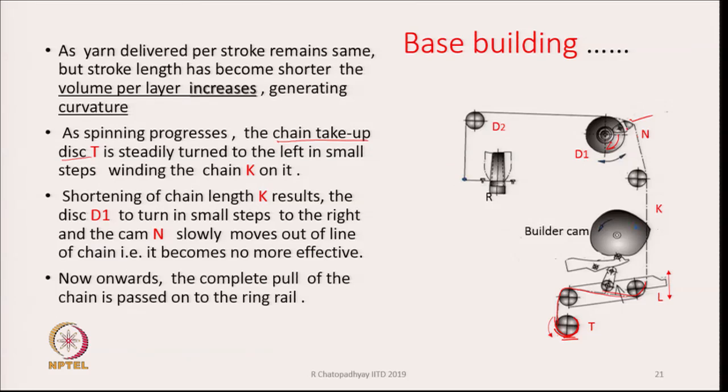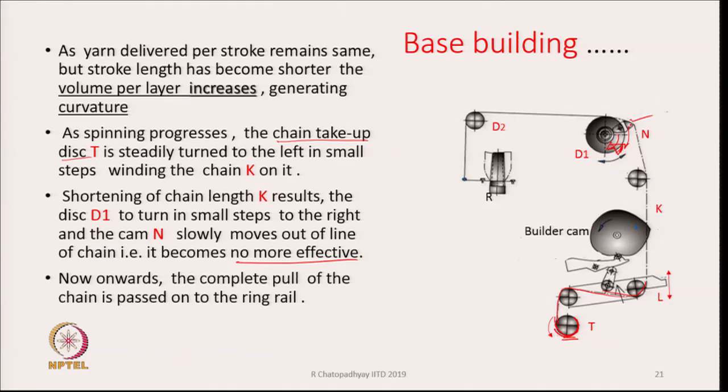That means this will come somewhere here. When it moves somewhere here, the chain is no more deflected by this projecting part, which is a small cam, and it is no more effective.